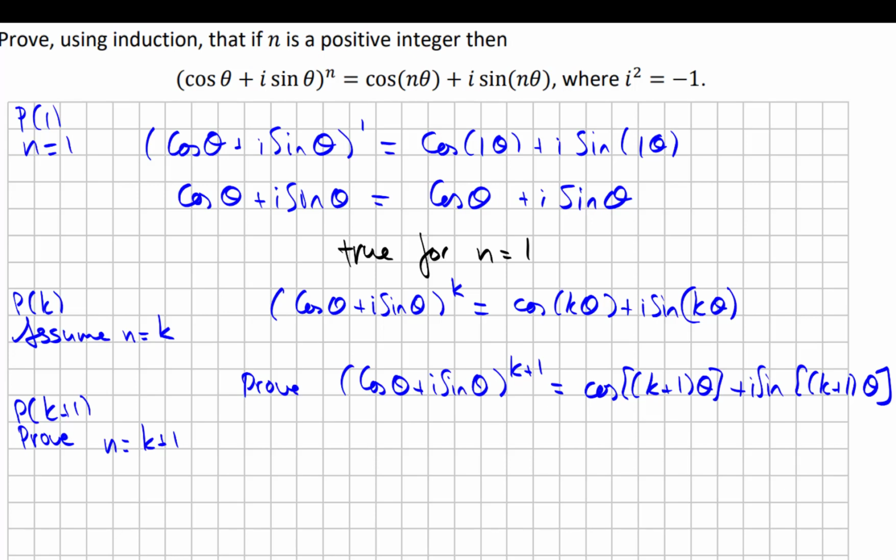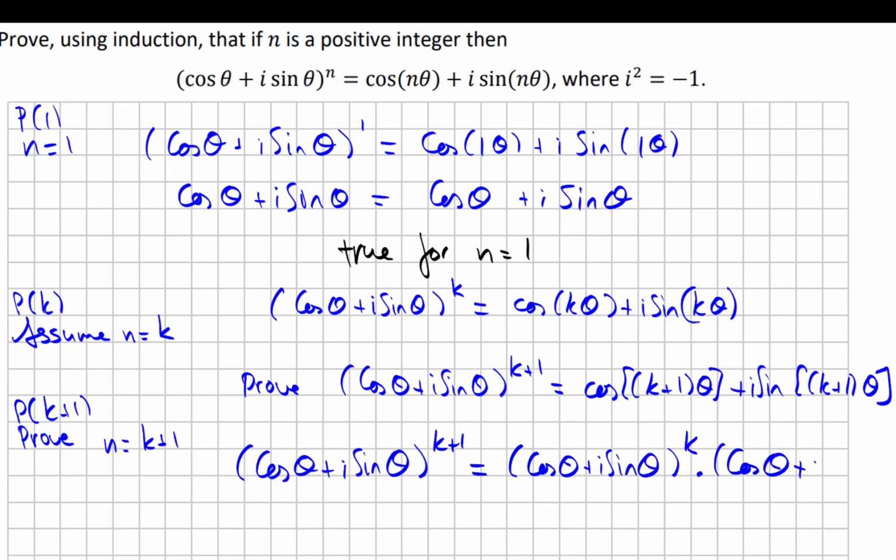So starting this proof, we've got (cos theta + i sin theta) to the power of k plus 1. Well, what will that equal? That will equal (cos theta + i sin theta) to the power of k times (cos theta + i sin theta) to the power of 1. Now we can use our assumption.